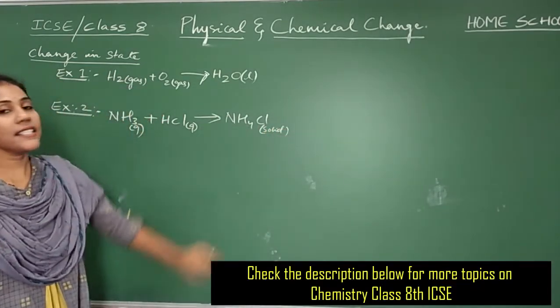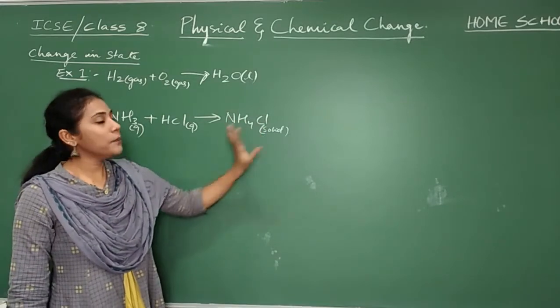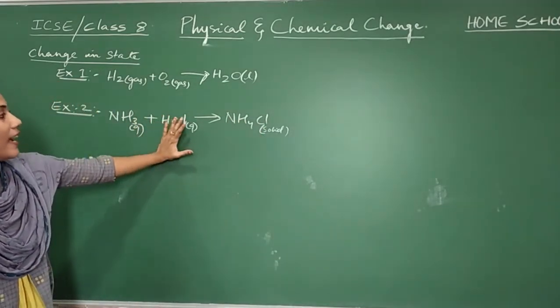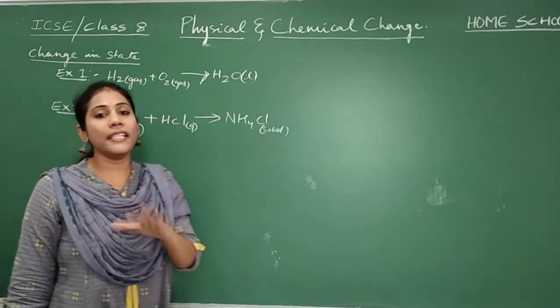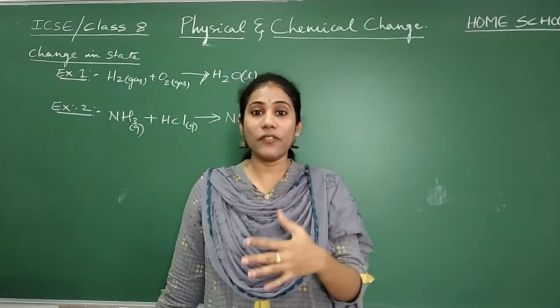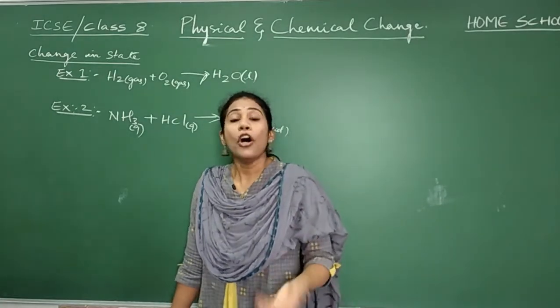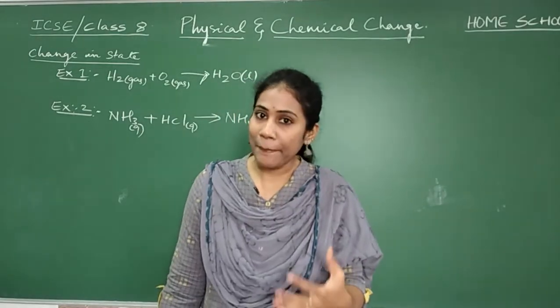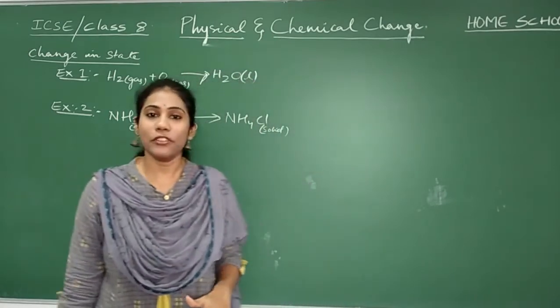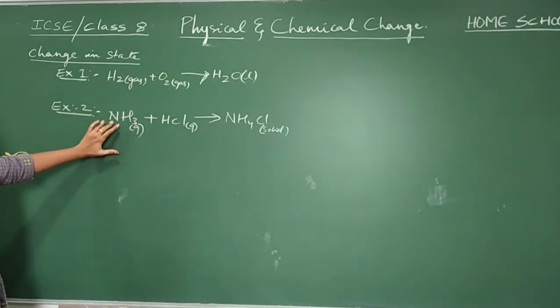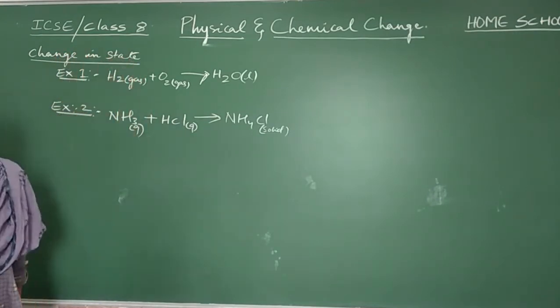Ammonium chloride is a salt, formed as a solid. What has happened here? The gaseous reactants have converted into a solid product. State has converted from gas to solid. That way you can tell that a chemical reaction happened. So these are the two examples that you can remember for change in state.